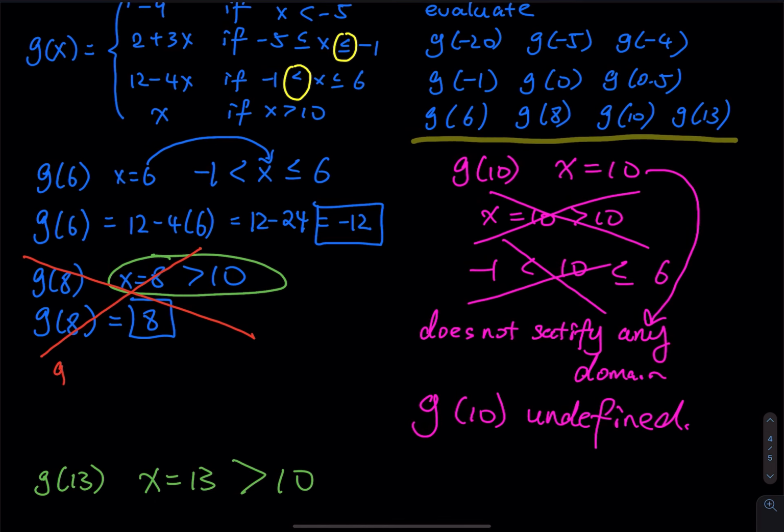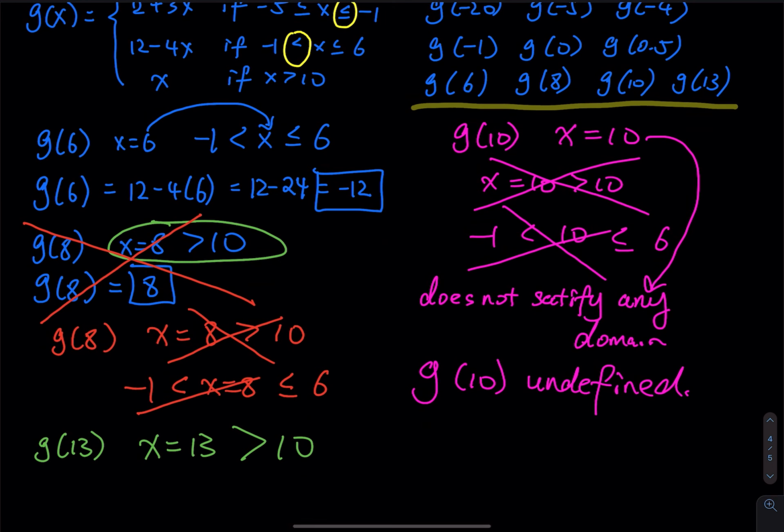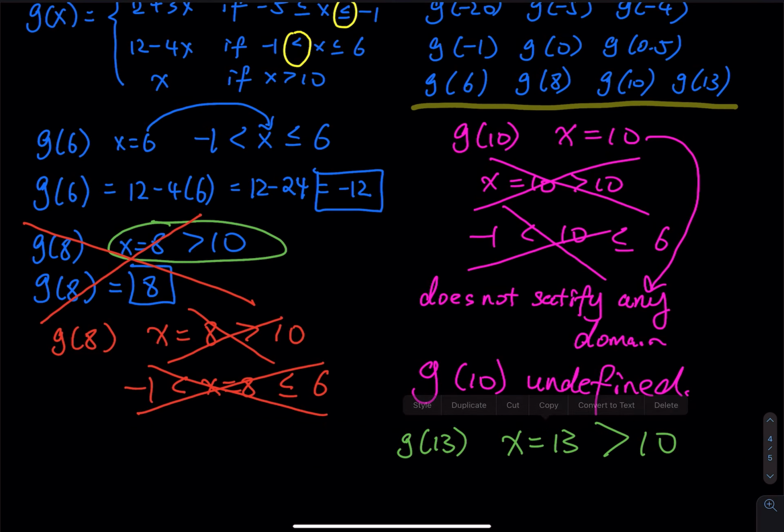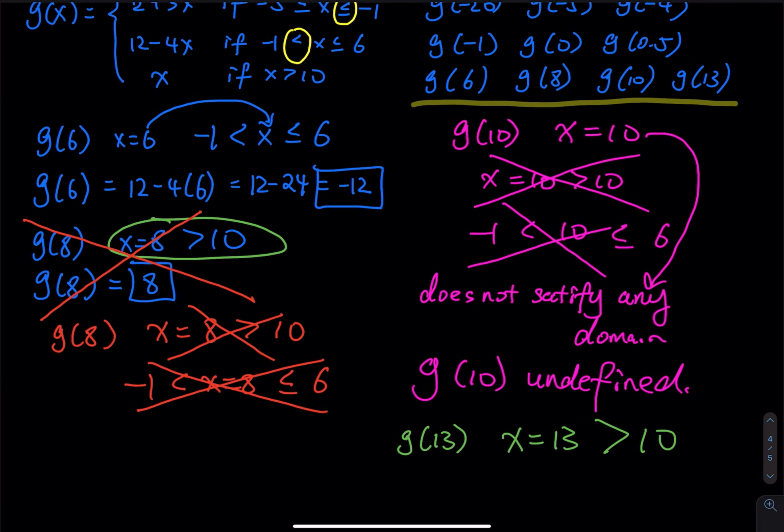Cross that. So g of 8, this is x equals 8. Is that greater than 10? The answer is no. Is x equals 8 between negative 1 and 6? The answer is no. So let's move this one more time. Then what does that mean?